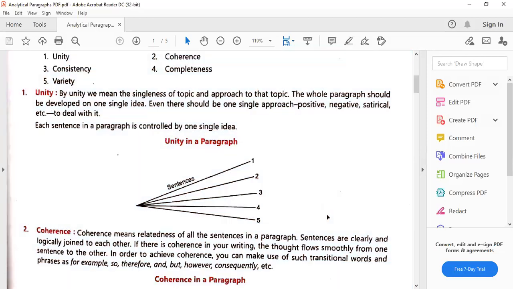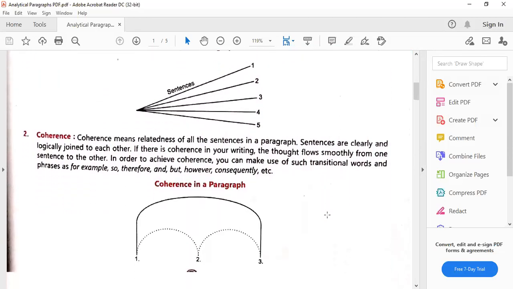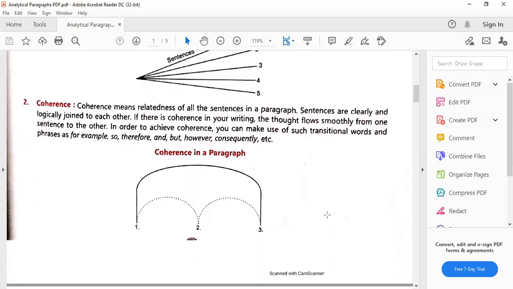Okay. Next, coherence means related to all the sentences in a paragraph. Sentences are really and logically joined to each other. If there is coherence in your writing, thought goes smoothly from one sentence to the other. In order to achieve coherence, you can make use of such transitional words and phrases as, for example, so, therefore, and, but, however, consequently.